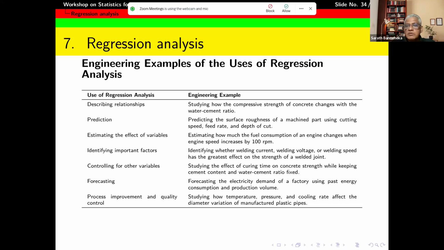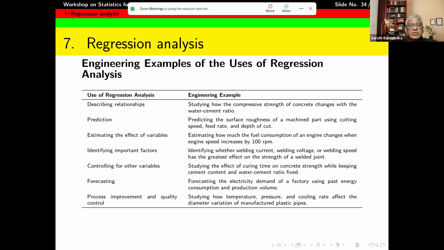So just to give you some examples in engineering fields, as a method for describing relationships, for example, studying how the compressive strength of concrete changes with the water cement ratio. Right. So we have to study how the strength of concrete relates to the water cement ratio.